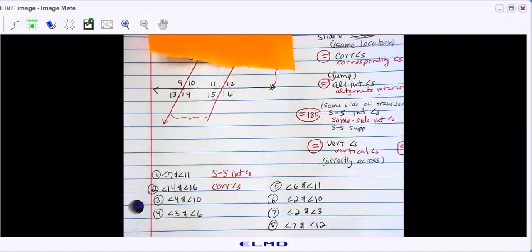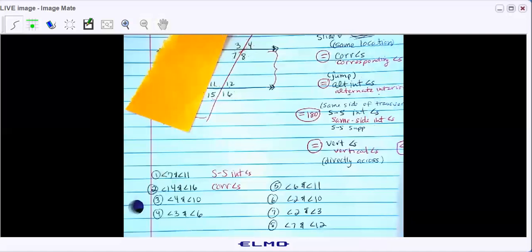Number 3. Okay, so angle 4, there's angle 4, but I don't see angle 10. Okay, there's still angle 4, but I still don't see angle 10. There's angle 10, but no angle 4.